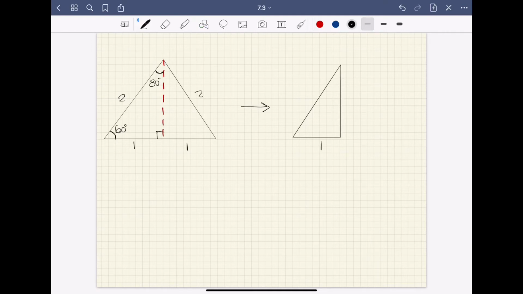So this is 1, this is 2, this is 60 degrees, this is 90 degrees, and this is 30 degrees. So we have the hypotenuse, we have the bottom side, and what's the vertical side equal to? This side is equal to the square root of 2 squared minus 1 squared by Pythagoras theorem, which is the square root of 4 minus 1, square root of 3.